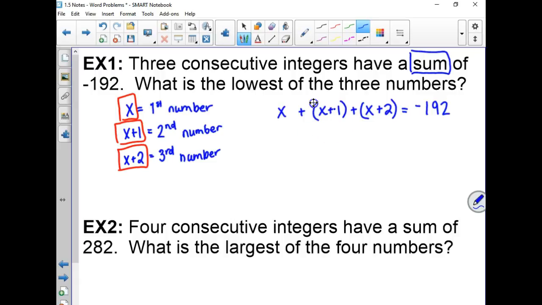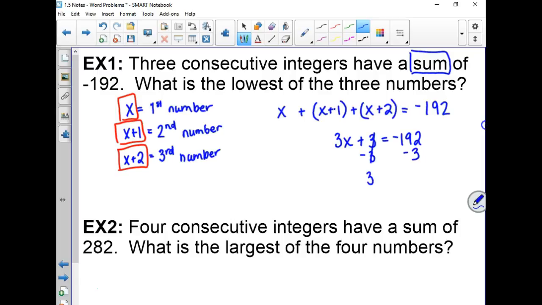There's no numbers outside of these parentheses, so we have nothing to distribute. So we can just combine our x's. So x plus x plus x is going to give us 3x. We can combine the 1 and the 2, and we'll get a 3. So 3x plus 3 will equal negative 192. We will subtract our 3 from both sides here.